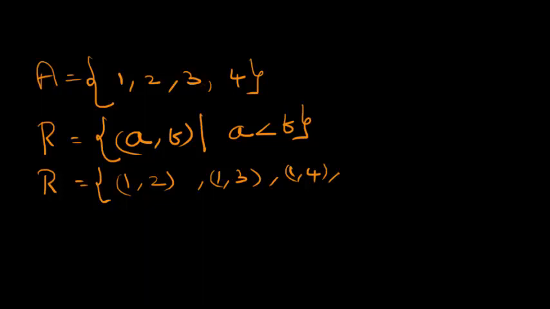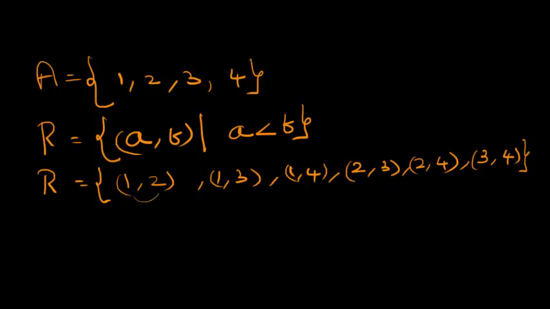I cannot include (1, 1) because a becomes equal to b. Then (2, 3), (2, 4), (3, 4), and nothing more.